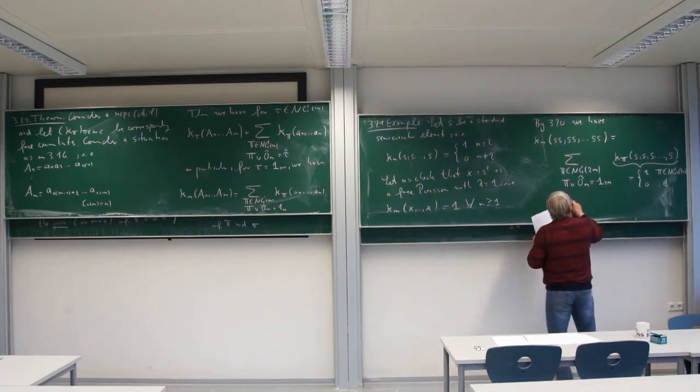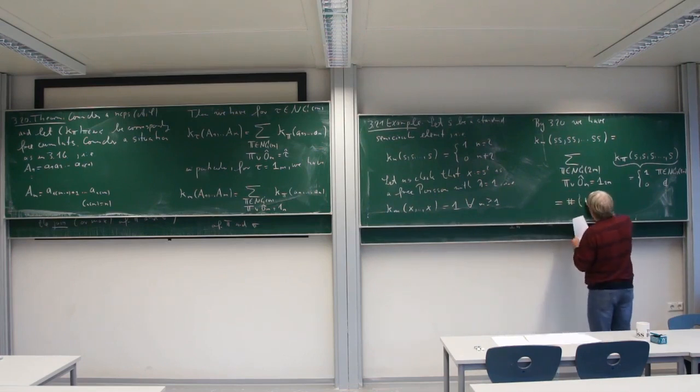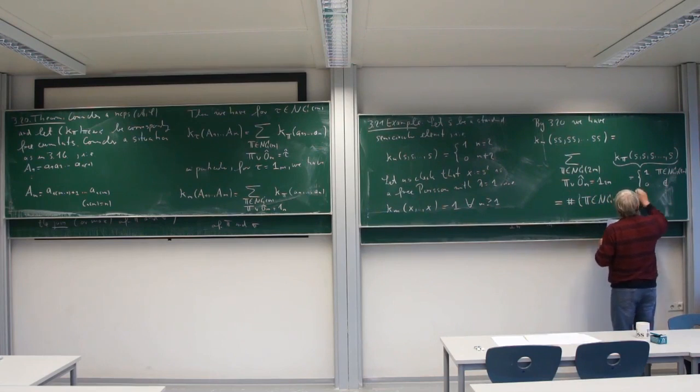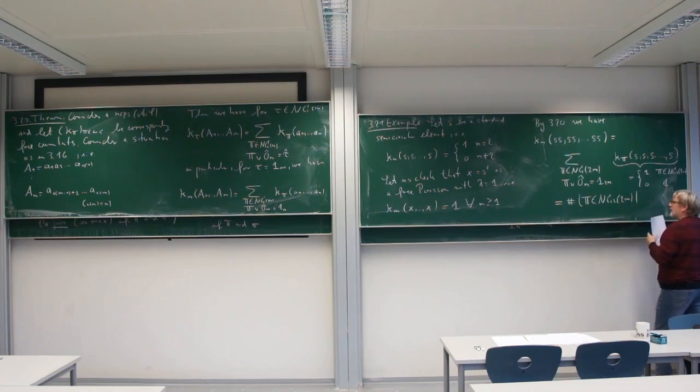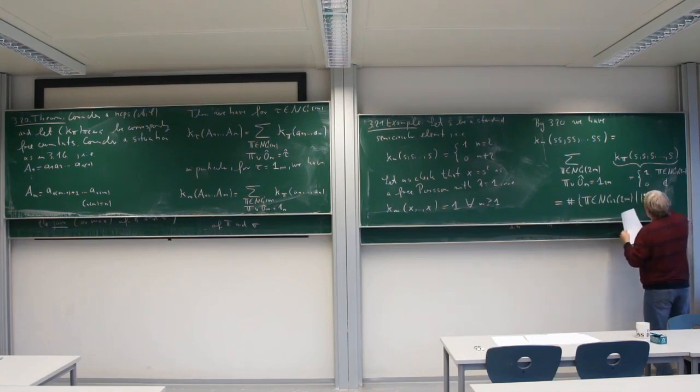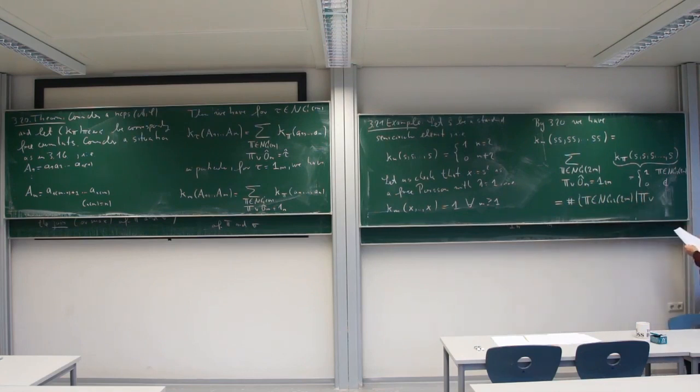What I have here is the number of non-crossing pairings of 2m elements, but of course I'm only summing over those which have this property. So I'm counting the non-crossing pairings such that pi join 0 hat is 1 hat, the maximal partition.